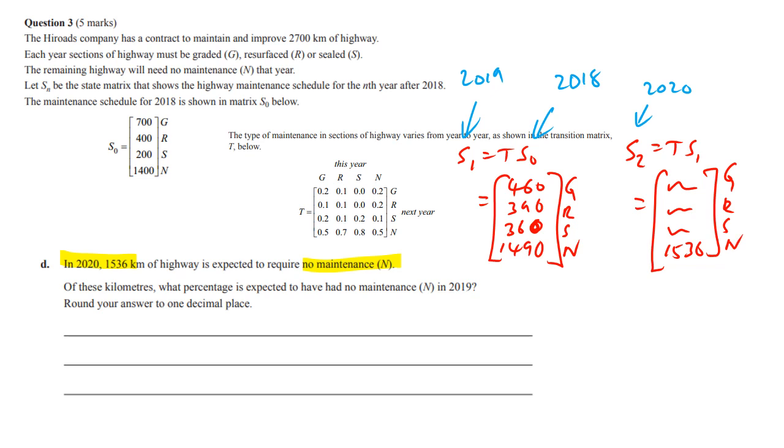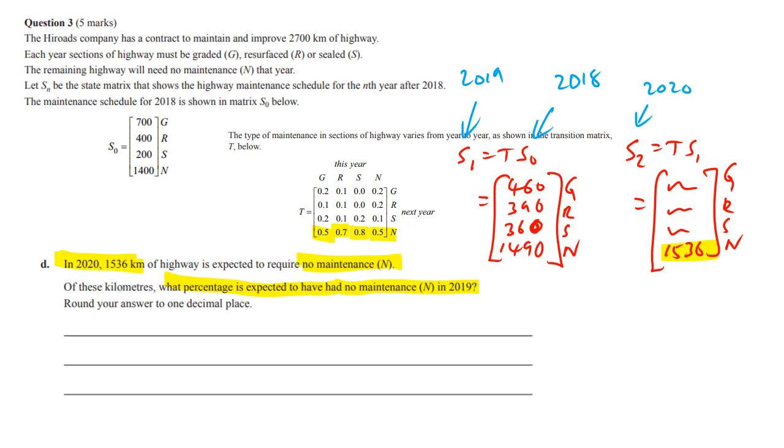GRSN. Now what people got wrong is that this 1536 represents some G that became N, some R that became N, some S that became N, and some N that became N. So it had four sources going in here, but it says if you had no maintenance in 2019, what percentage is expected to then contribute to the no maintenance in 2020?